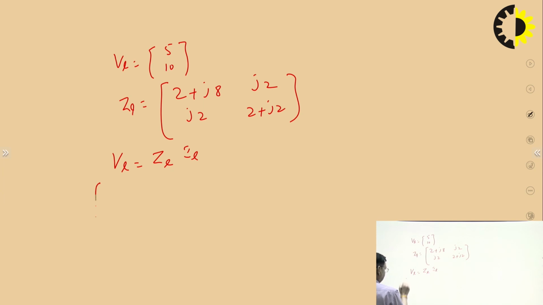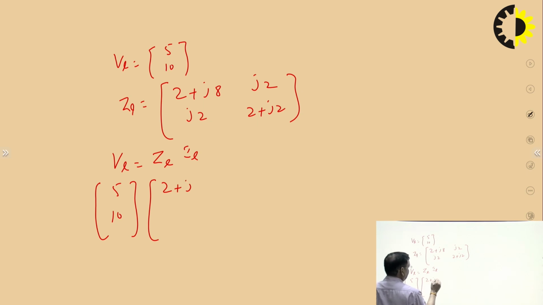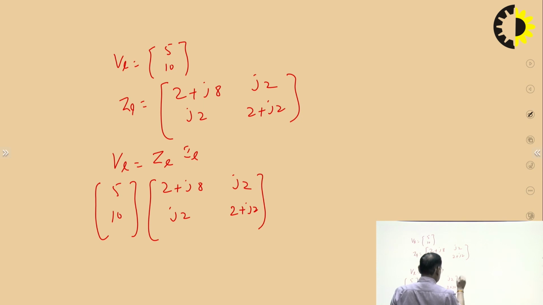So it is 5, 10 equals the matrix 2 plus J8, J2, J2, 2 plus J2, times IL1 and IL6.